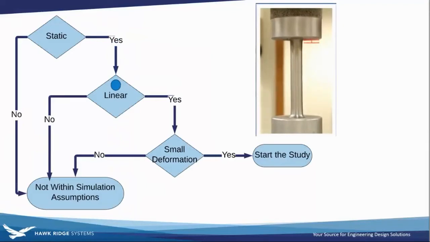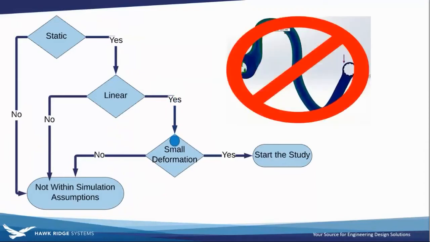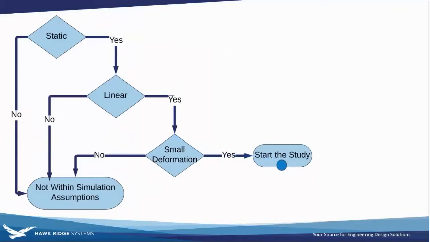Well, I hope so, or else I'm going to have to make some design changes. This one's easier to determine after the study's run, so let's just assume yes for now. Small deformations? Well, I don't really expect the compliant mechanism to deform too much, but SolidWorks will let me know if I breach this assumption. So again, we're just going to assume yes, and let's start the study.